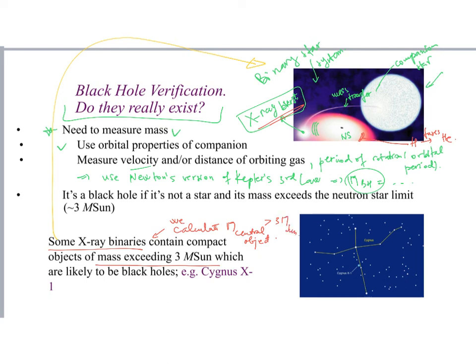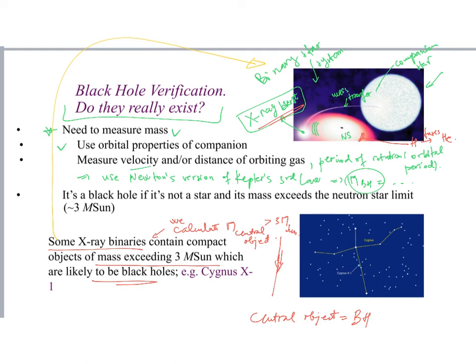And then we know the only thing that can actually exist with that kind of mass, that could not have been a neutron star, is a black hole. There's no other explanation, no other scenario that is going to explain the properties of the things that we observe there.